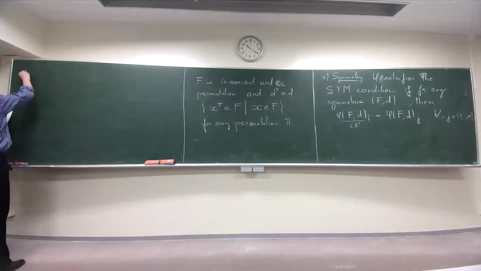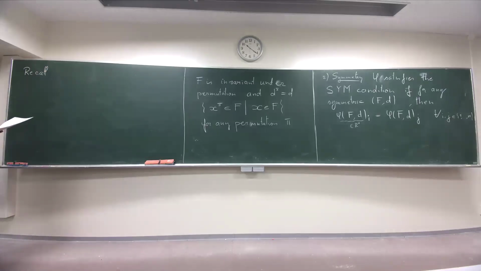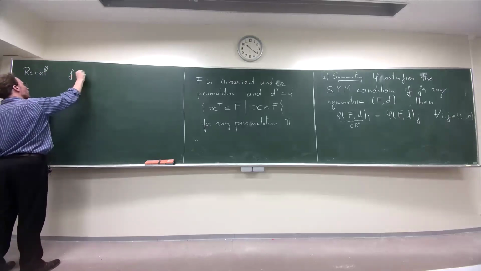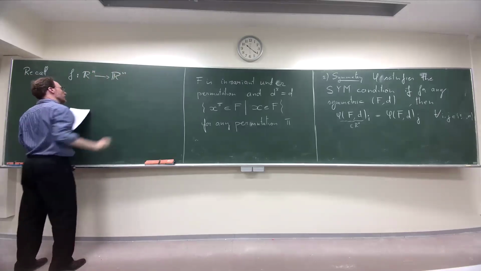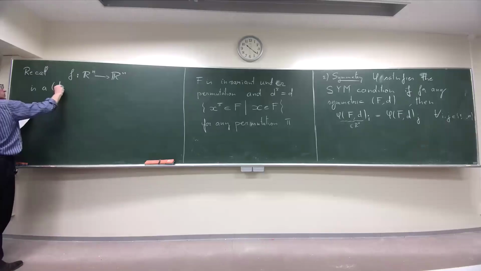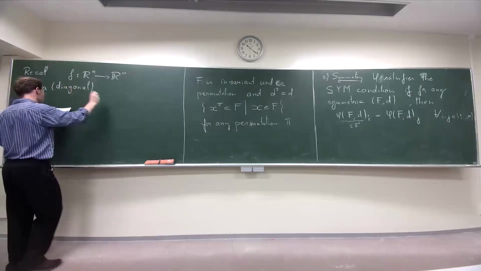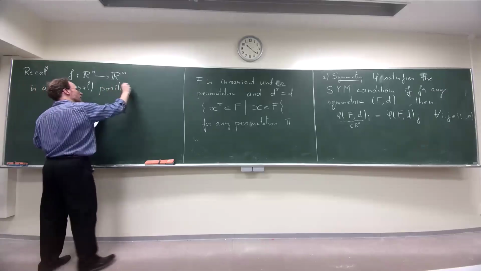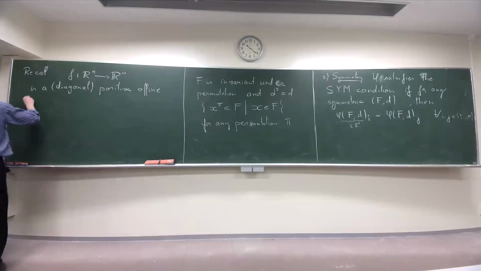Okay, for the next condition, I need to recall something. F, a function from Rn to Rn, this is n variable calculus, is, I add this word, diagonal, positive, affine transformation.